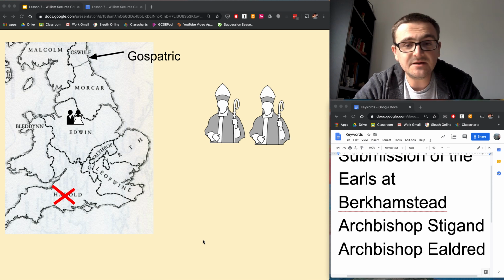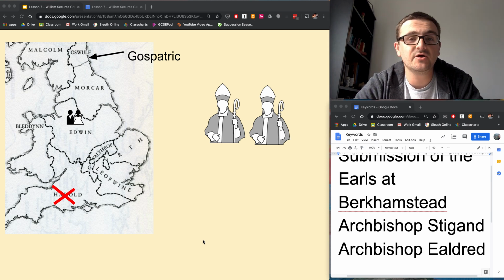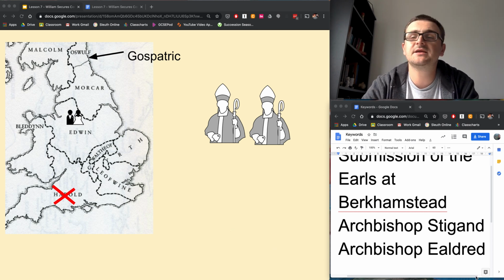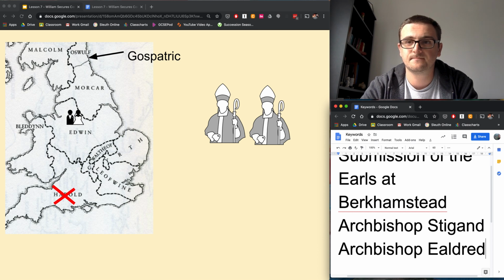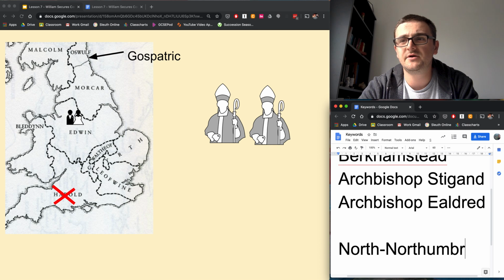And in fact, William did certain things to try and earn the loyalty of the Earls of England. For example, William appointed an Anglo-Saxon to be the Earl of North-Northumbria. And he chose somebody called Gospatrick to be the Earl of North-Northumbria.